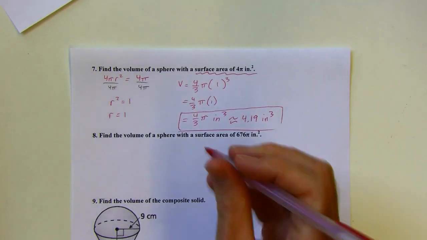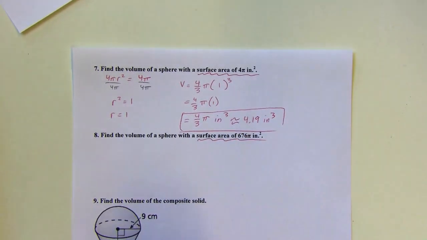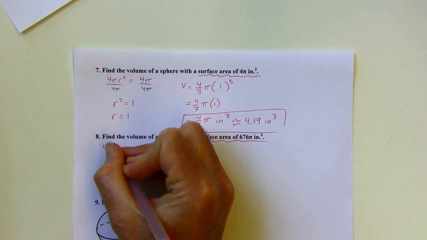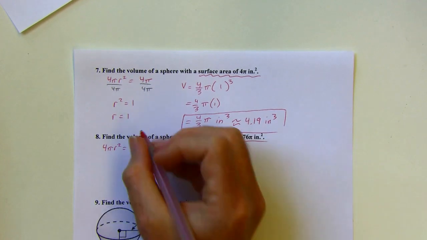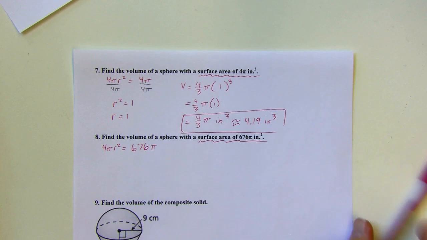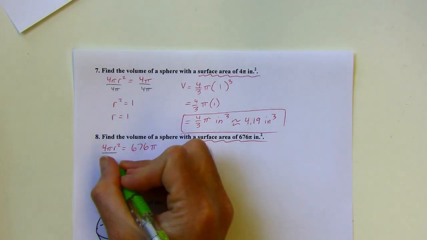It's the same as the last problem. We're given the surface area, so I know 4 pi r squared is going to equal 676 pi. Okay, so I'll divide both sides by 4 pi.